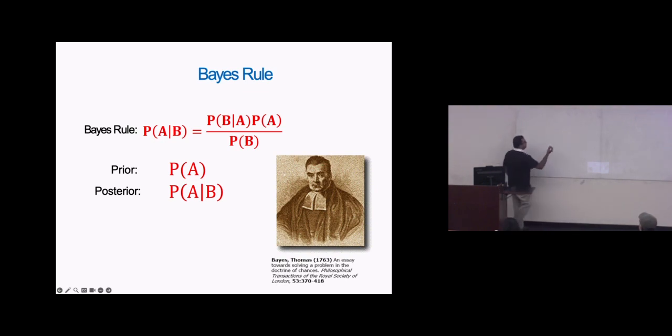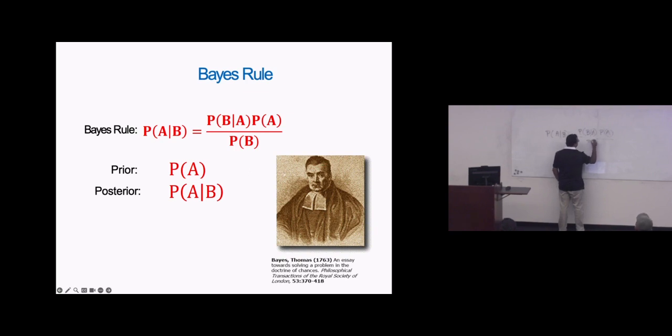So, probability of A given B is equal to probability of B given A, times probability of A, divided by probability of B. This is the Bayes theorem, right? Now, what does this really mean?